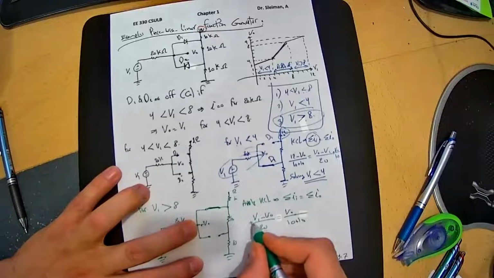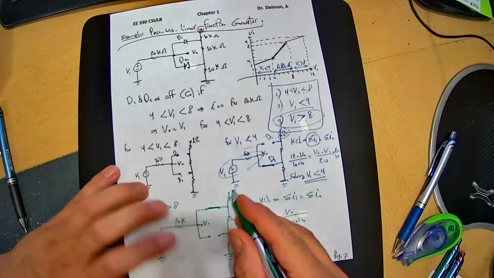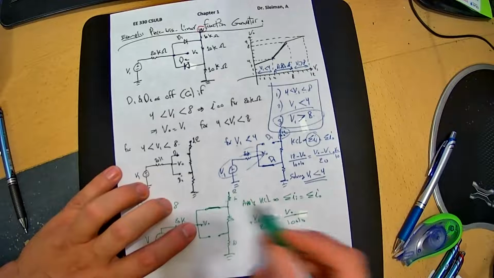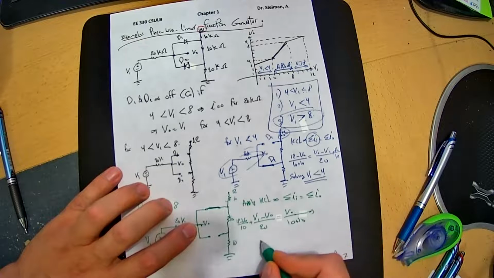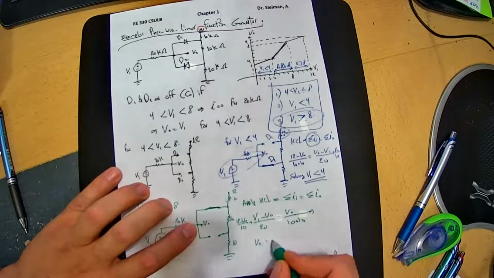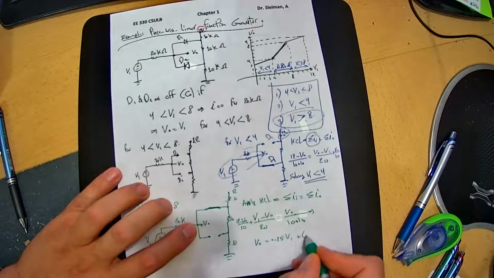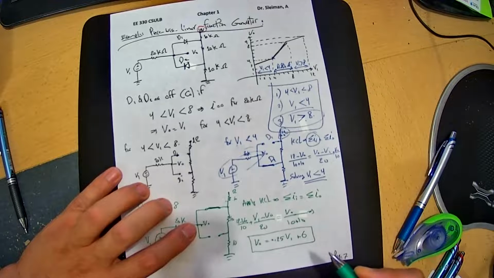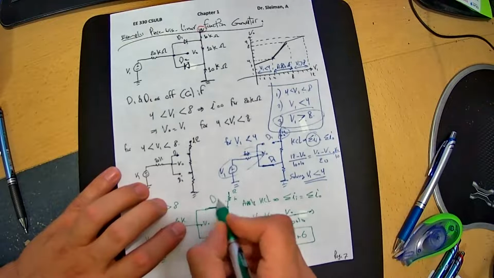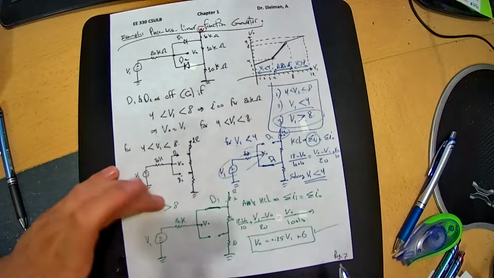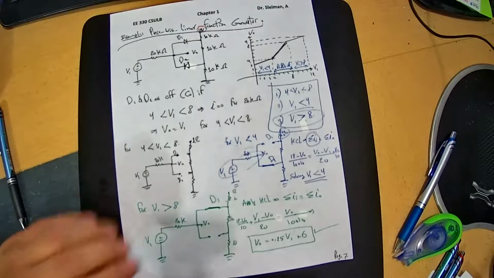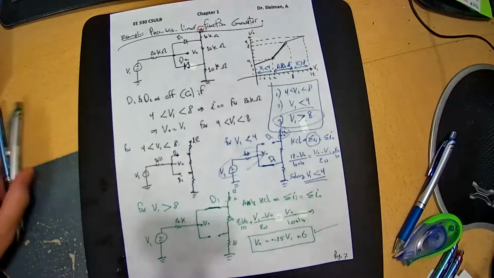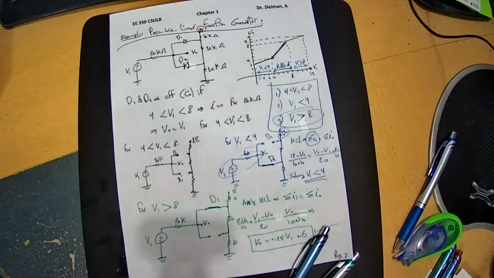And here we need to add another term, 12 minus V0 divided by 10. So we solve for V0 is equal to 0.25 V1 plus 6. With this equation, we know that the diode one will be short-circuited. This is checked and true. So most likely, this is the ideal diode in detail.